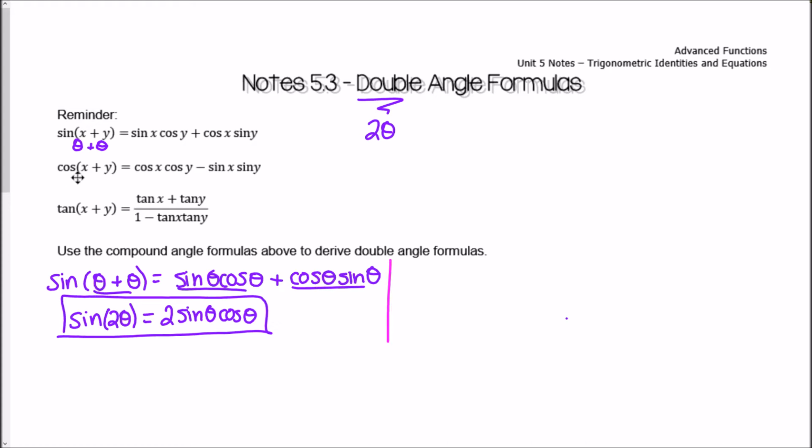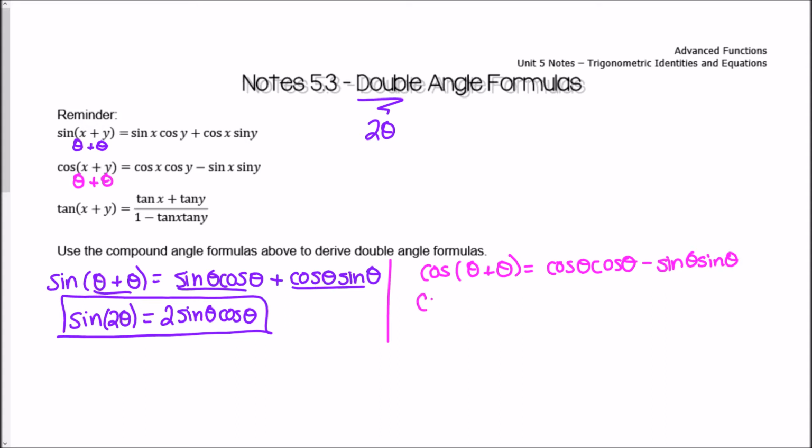So for cosine, I'm going to replace x with theta and y with theta. Okay, so here I'm going to say cosine of theta plus theta is going to equal cosine theta cosine theta. Again, instead of cosine x cosine y minus sine x sine y, we're going to say cosine theta cosine theta minus sine theta sine theta.